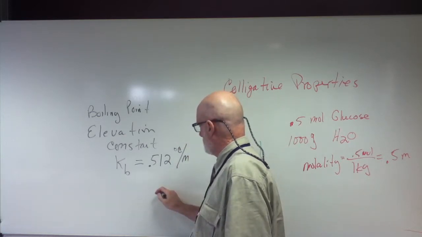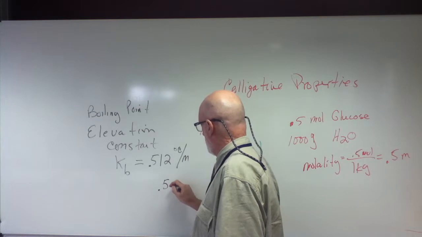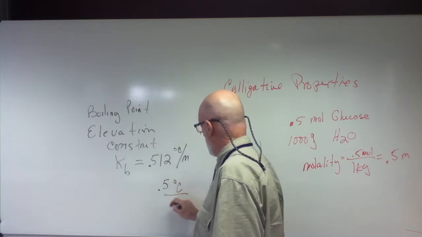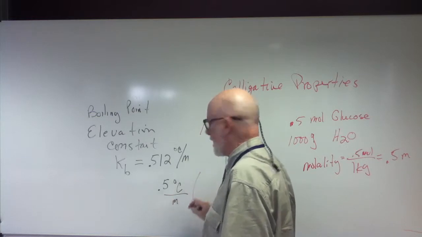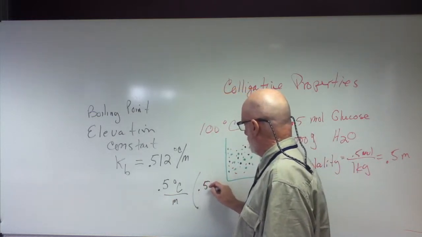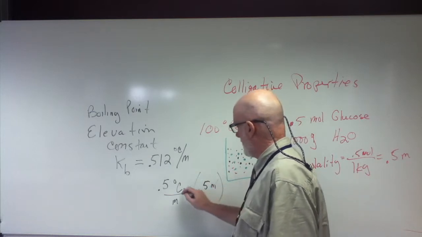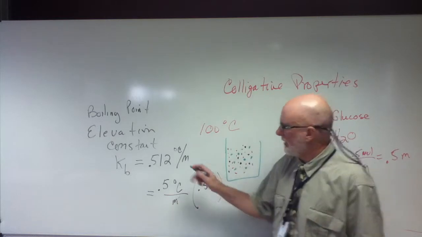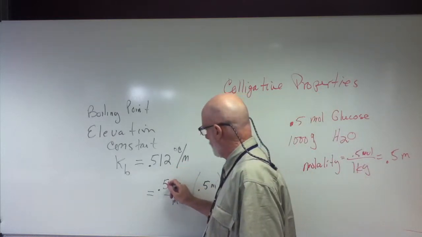I can do this. 0.512 degrees Celsius over molal times 0.5 molal. That cancels, and I'm left with 0.5 times 0.512.